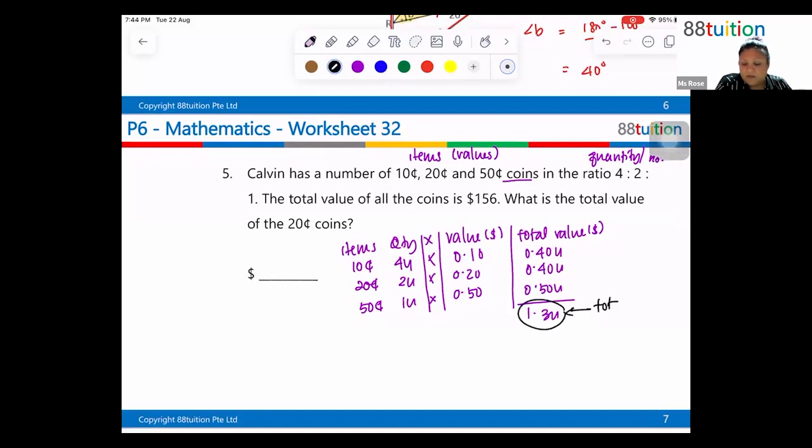Total value of all coins. So we know that 1.3 units is equal to $156.